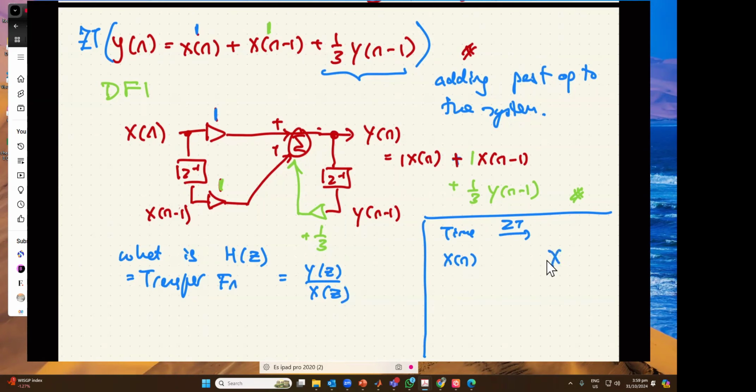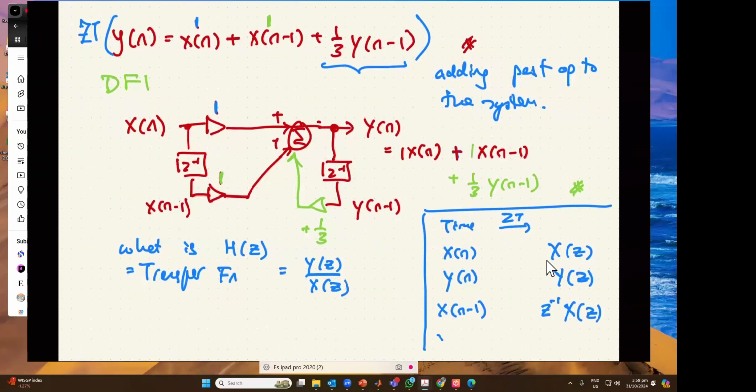That's all. And if this is y[n], this is Y(z). And if this is x[n-1], this is z^-1, the delayed version of X(z). And therefore x[n-2] is z^-2 X(z).